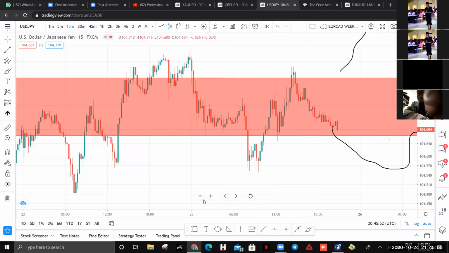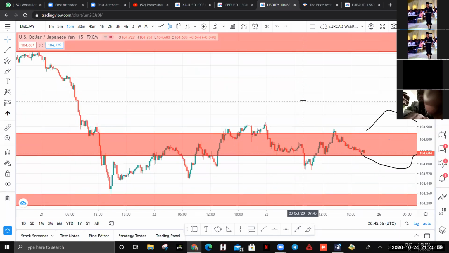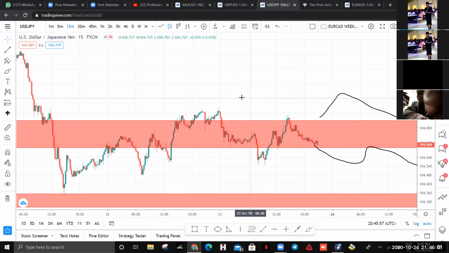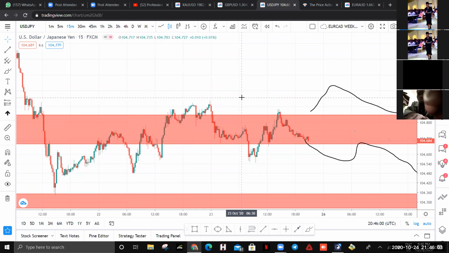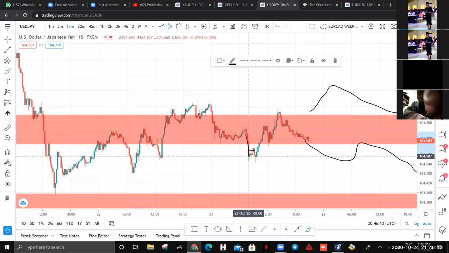Okay, I've spotted something. If you can spot what I saw now, type on the chat box. If you spotted any pattern here, type on the chat box. Let me see. Because me, I've seen two things here. CW here. Though it came here and it ended up on this zone, it did not break out.